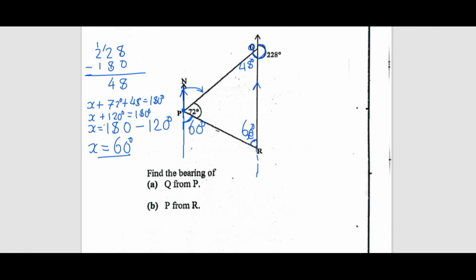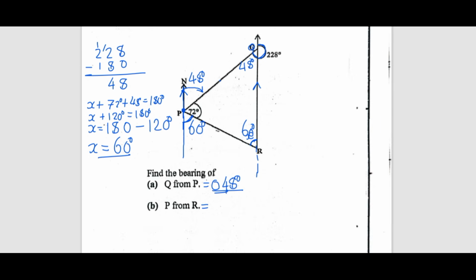We know that this line is our Q, so we want this angle. Now how can we find this angle? Say this is 48, also here it is 48. So the answer will be 048, because bearings are given in 3 digits.